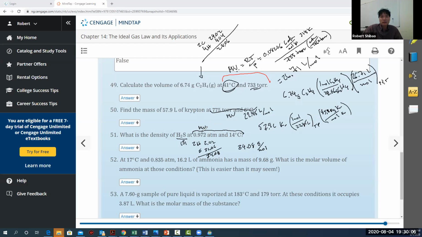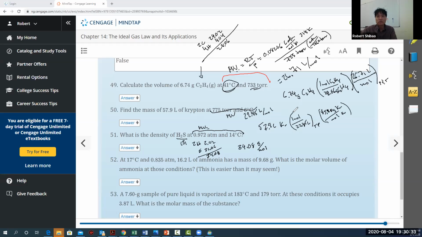And so let's go ahead and calculate the molar volume. The molar volume is going to be R. I'm not going to write out the equations just to save time. 0.08206 times T, 14 and 273 would be 287, divided by P, 0.972 atmospheres.